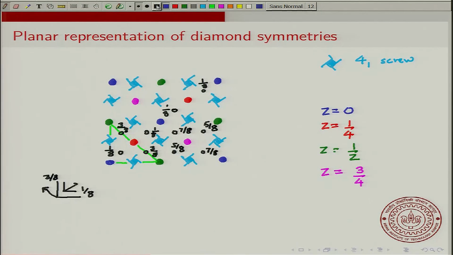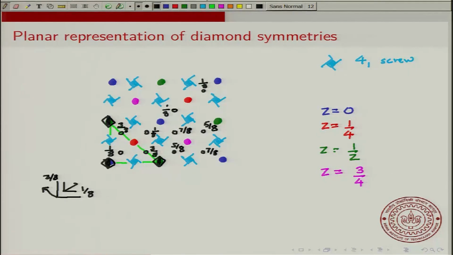This atom has a four-fold roto inversion axis that is shown this way. Similarly, there will be a four-fold roto inversion axis at this point, and at this point.